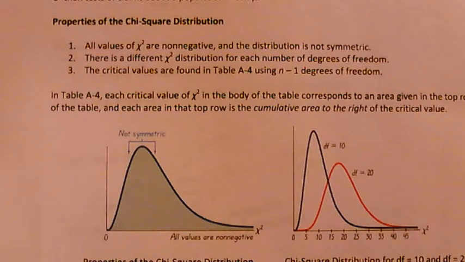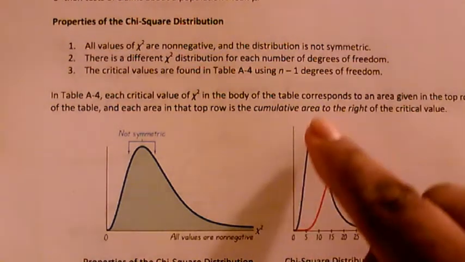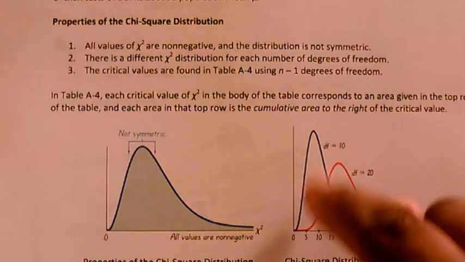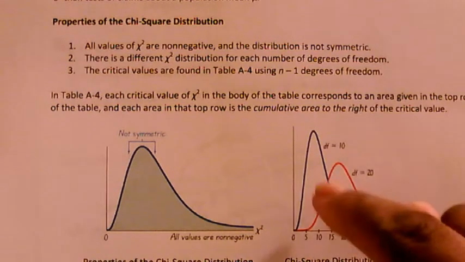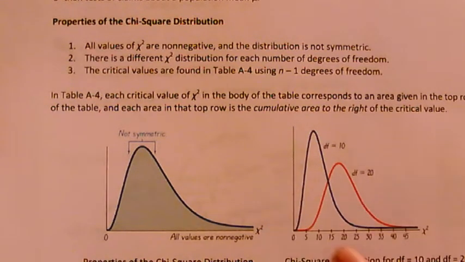So it's not symmetric. And then second, there is a different chi-square distribution for each number of degrees of freedom. In other words, if you look at this graph on the right, the chi-square distribution for 10 degrees of freedom is this blue graph here. The one that's in red represents the chi-square distribution for degrees of freedom of 20. Okay? So that's the difference there.